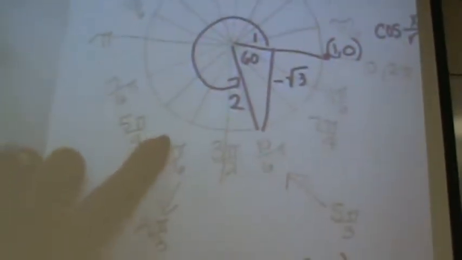And then cosecant, the other one is 4 pi over 3. Cosecant 4 pi over 3. Well, where's 4 pi over 3? There's 4 pi over 3.